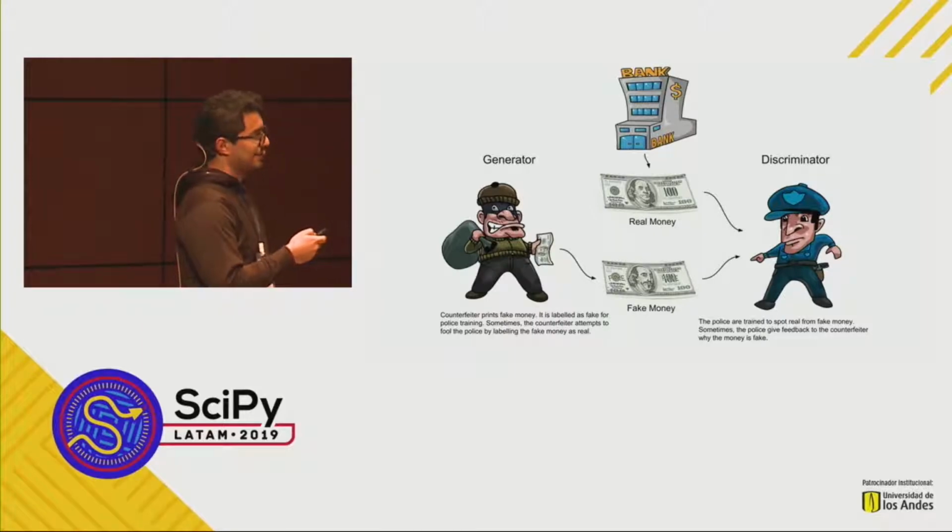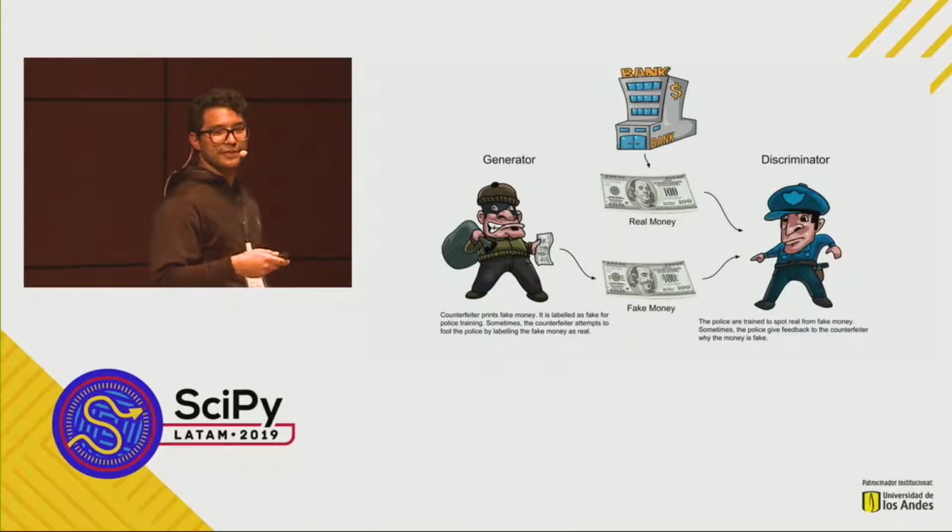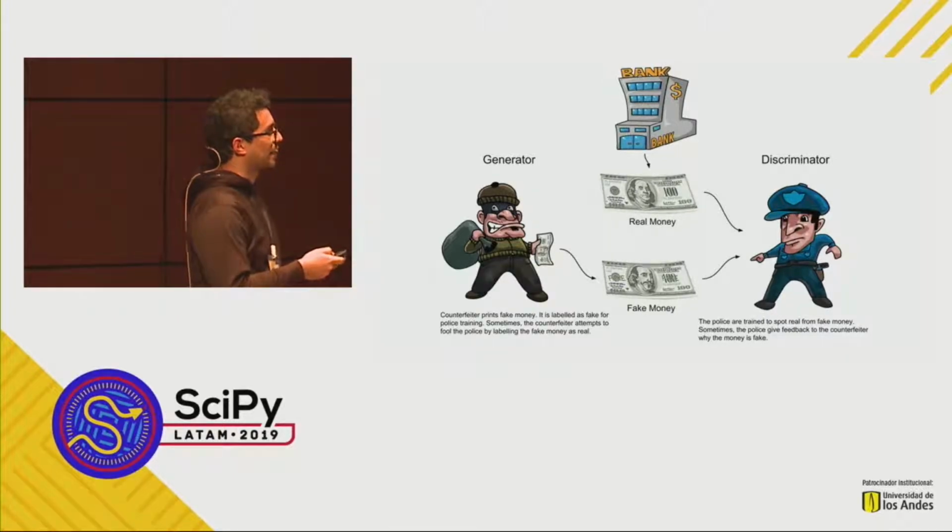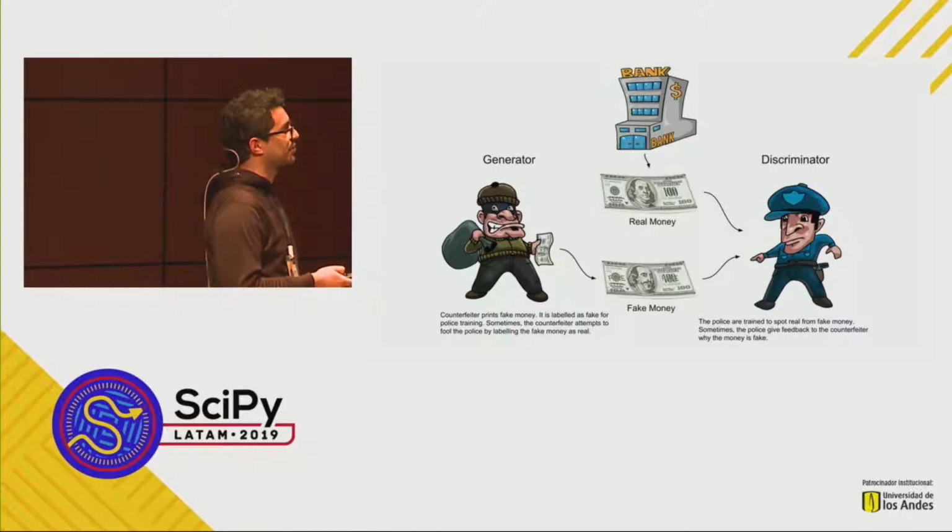This is the analogy. We have a generator, which is a counterfeiter that tries to generate fake money. And we have a police, which is the discriminator, that only wants real money to be circulating and tries to capture fake money.